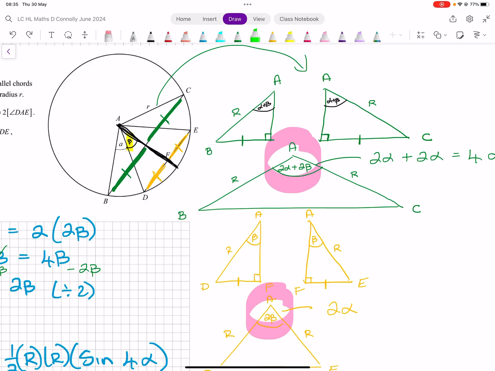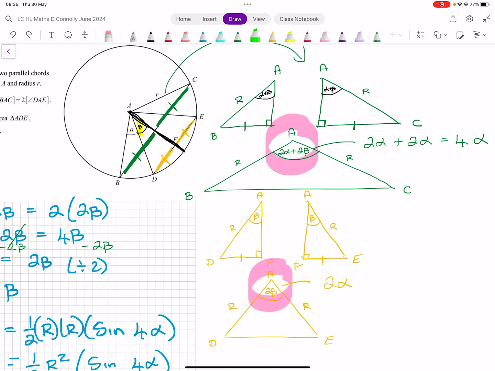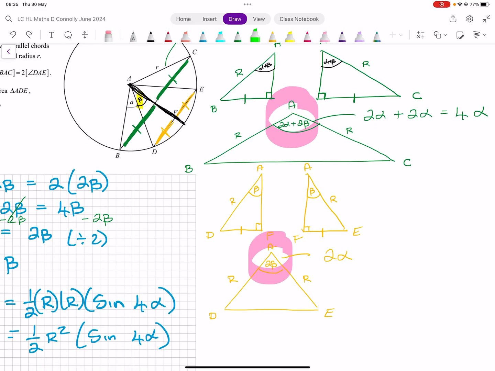And then I just added, so I had alpha plus beta for the angle at the top, which is 2 alpha plus 2 beta, and my 2 radii. I did the exact same thing for the skinnier triangle, the yellow one. Again, the line from A to the circumference, the black line, bisects the chord.